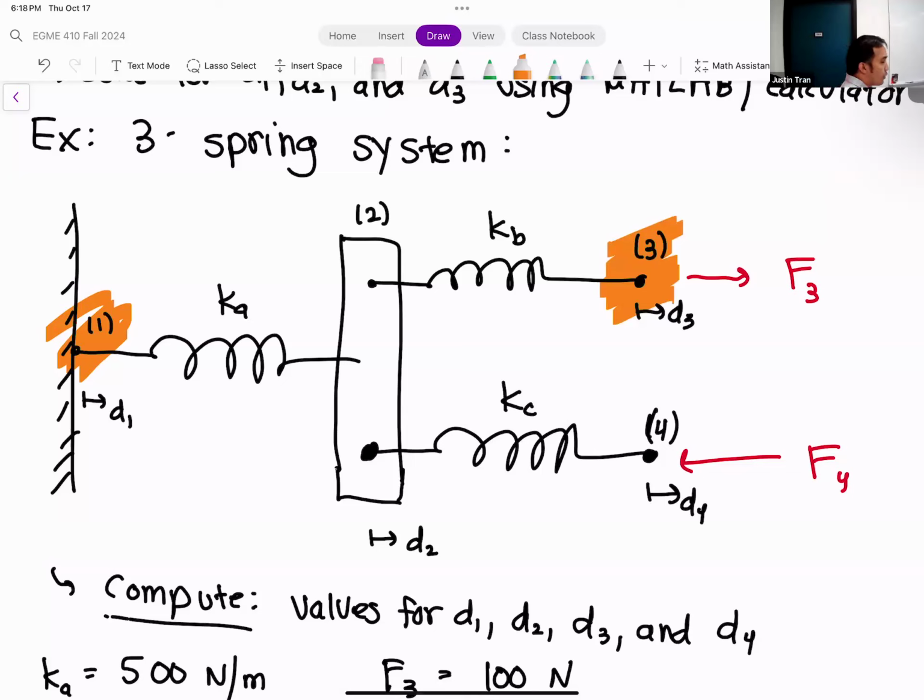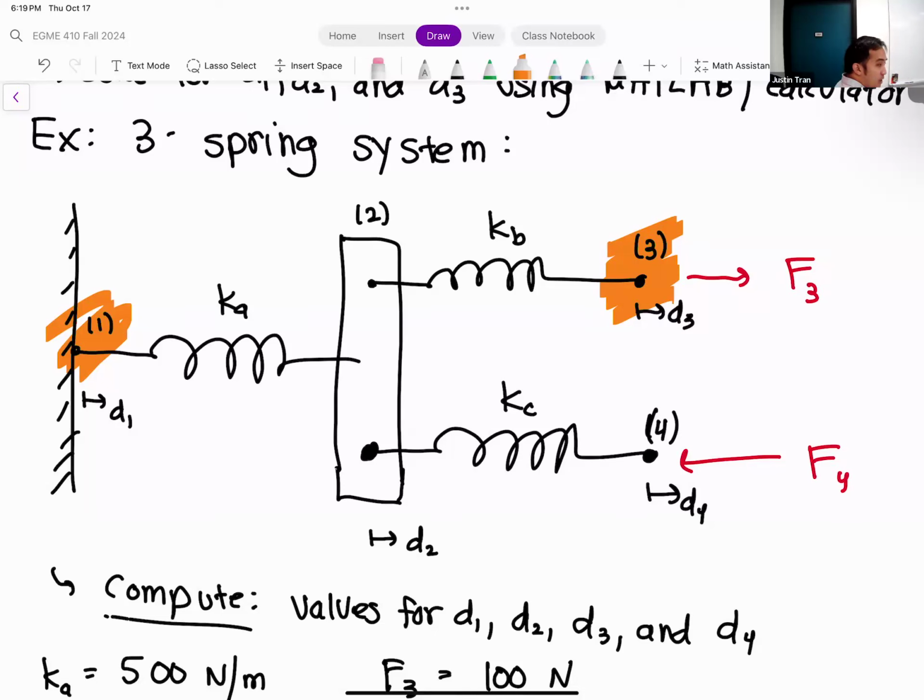So there is an indirect connection between them. Node 1 is connected to node 2 through element A, and node 2 is connected to node 3 through element B. So there's an indirect connection between the two, but there's no direct line between node 1 and node 3. So it makes sense that there's a 0 there in the stiffness matrix.